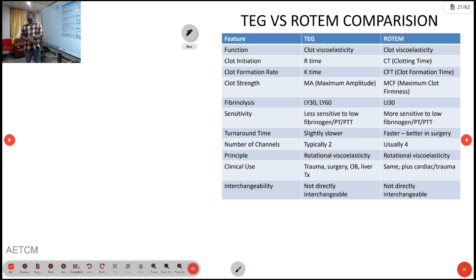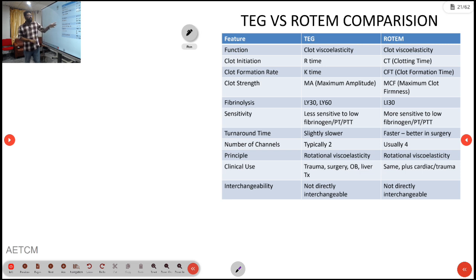Some different names are given for ROTEM and TEG, that's okay. But the clot formation time is equal to R plus K, not just K. Yes, complete clot formation time is R plus K. And fibrinolysis is by LY30 and LY60 in case of TEG, and LI30 in case of ROTEM.